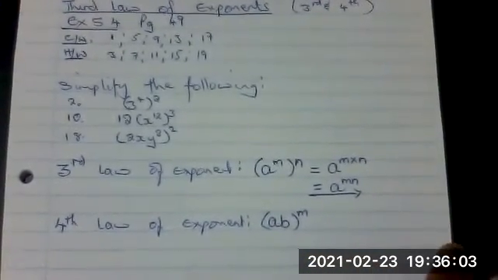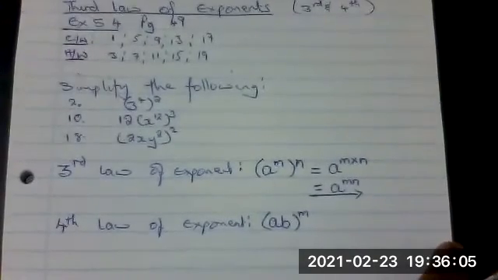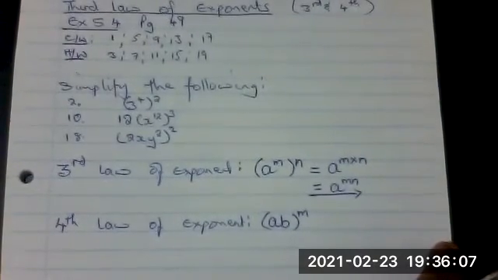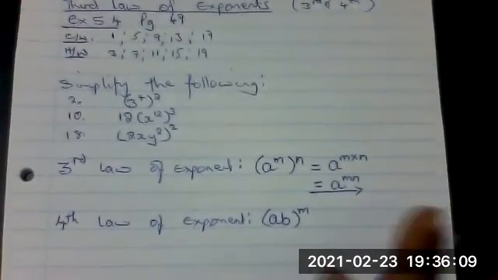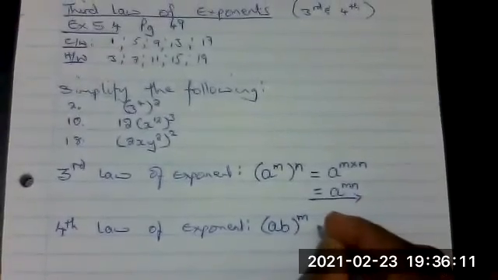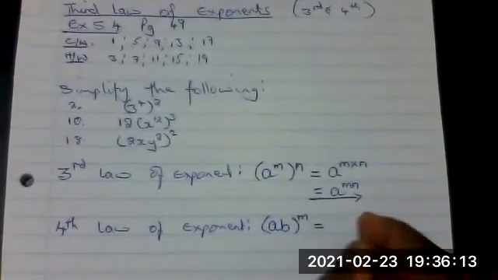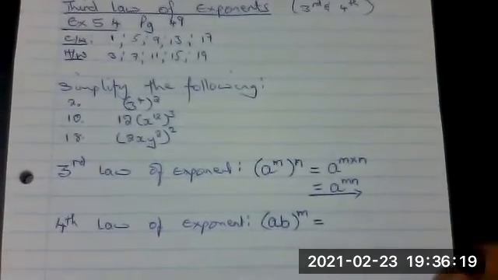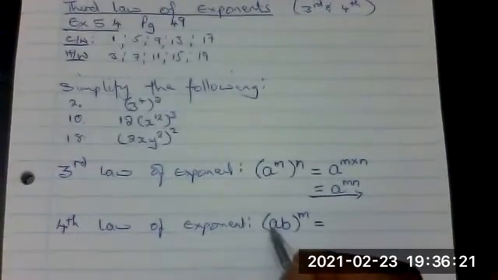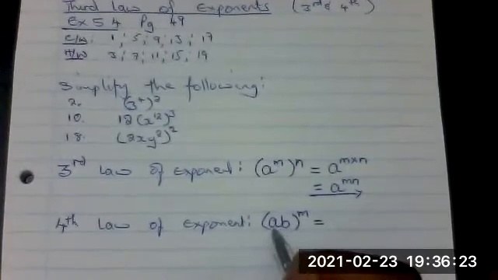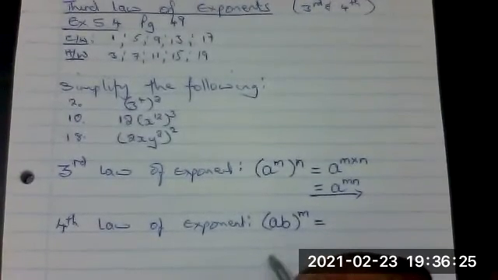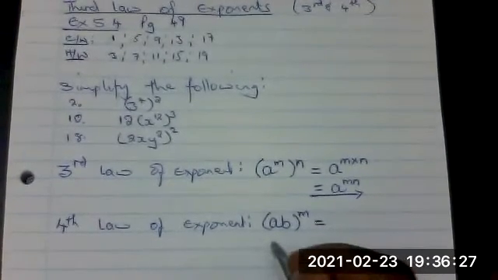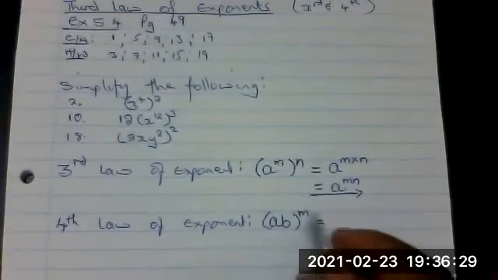Generally, what it means is we can distribute the exponent to the two bases that are multiplying each other. We have base a and base b, multiplying each other, and both of them are raised to exponent m.